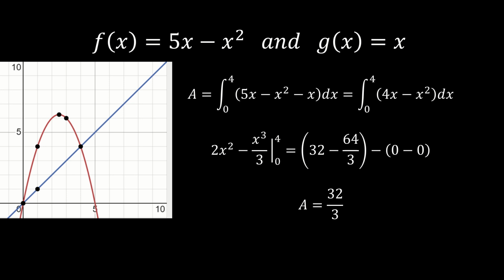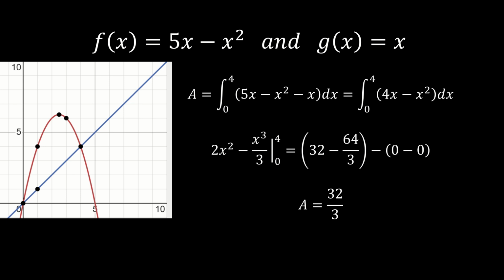Well, the area in this case from 0 to 4 of 5x minus x squared, the top function, minus the bottom function x. Well, simplifying that would be 4x minus x squared. Be careful when you have a polynomial. For example, if that 5x minus x squared was the bottom function, that would become minus 5x plus x squared as you subtracted the whole thing.